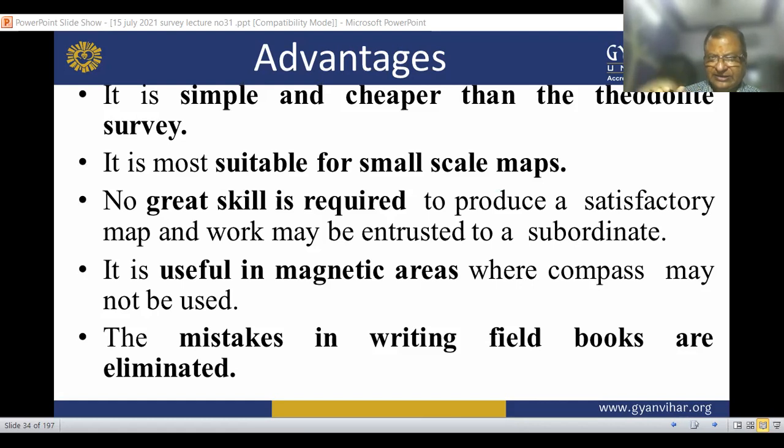No great skill is required to produce a satisfactory map, and work may be entrusted to a subordinate. It is useful in magnetic areas where a compass may not be used. Mistakes in writing the field book are eliminated.